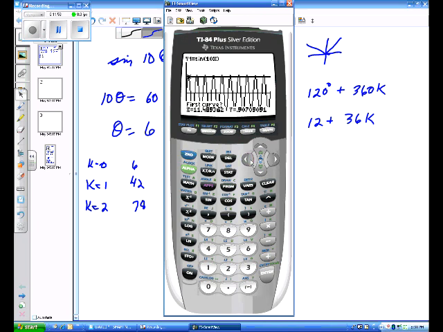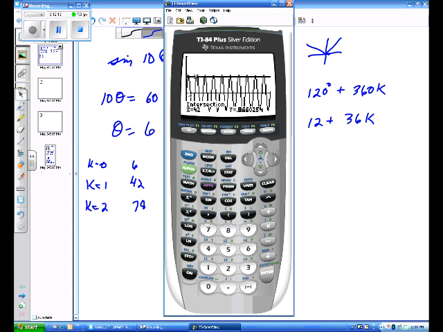Just went over it just a little bit, so enter, enter, enter. That would be your 12. Second, calculate number 5. Enter, enter, enter. And that's your 42, and you could keep going.